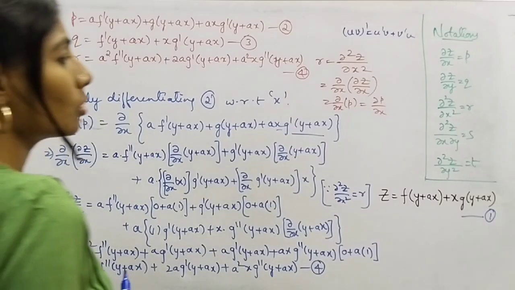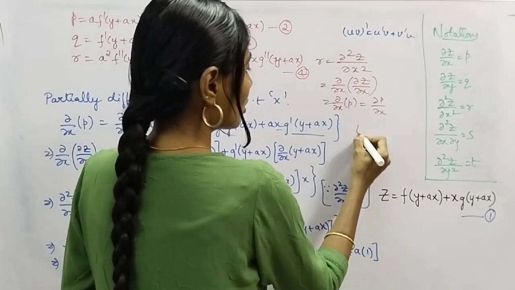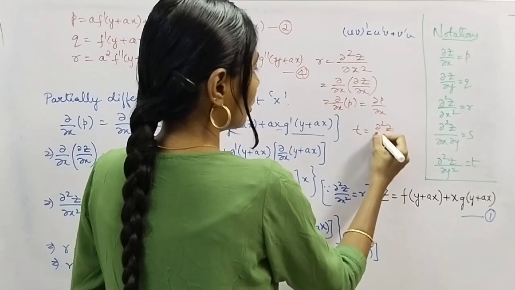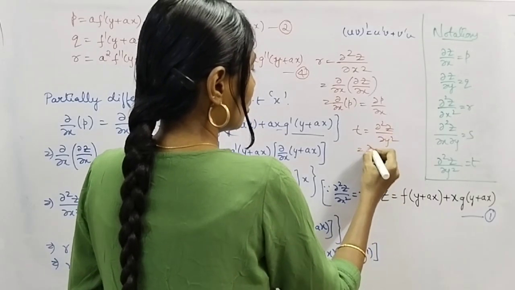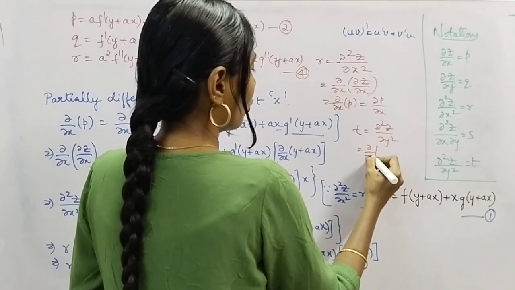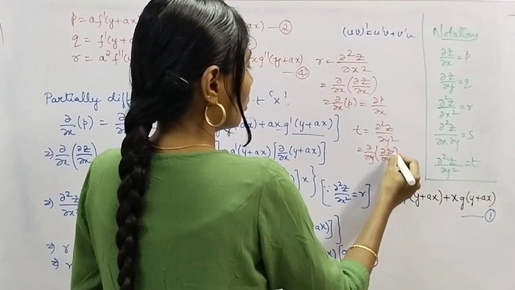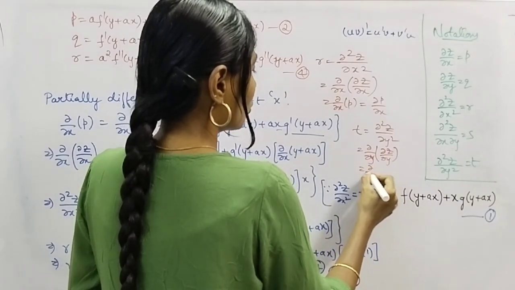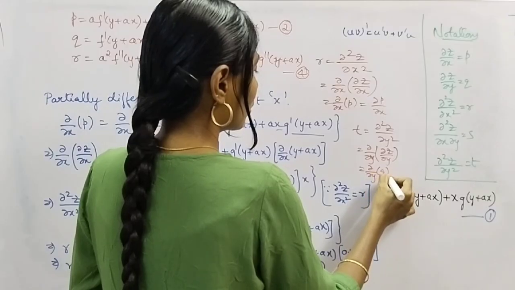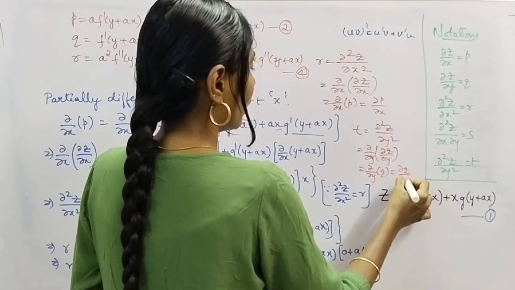Now we have to find the equation involving t. t is nothing but dou square z by dou y square, right? Or we can write this as dou by dou y of dou z by dou y. Since we know that dou z by dou y is q, we can write this as dou by dou y of q, or dou q by dou y.